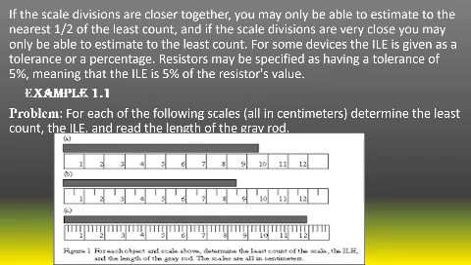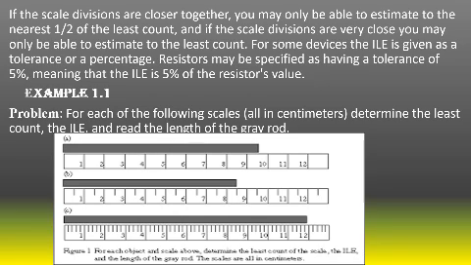Because they are not closer, we say our instrument limit of error is 1 on 5, that is 0.2, and we come to the length.